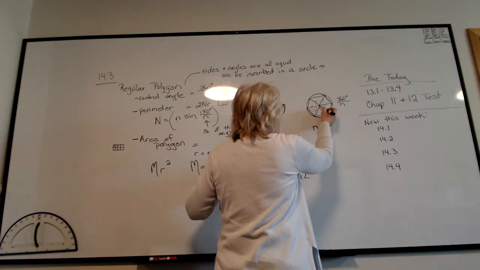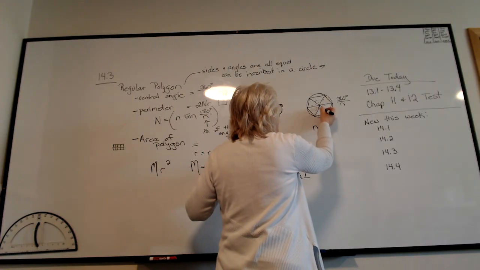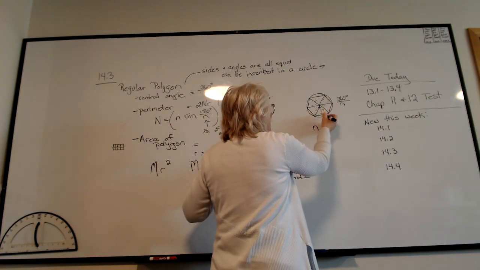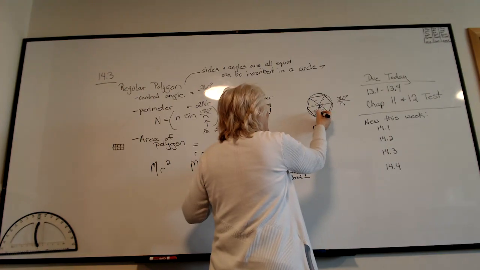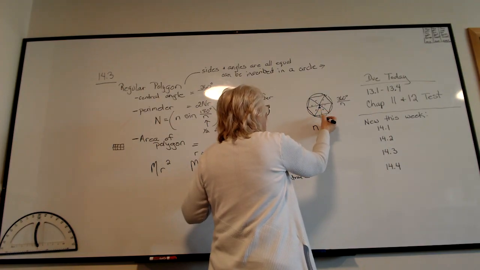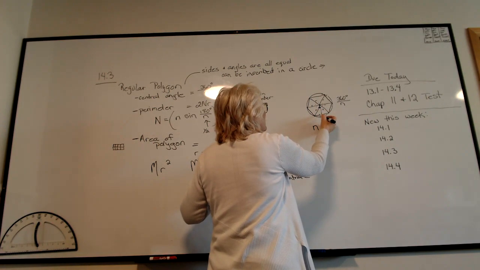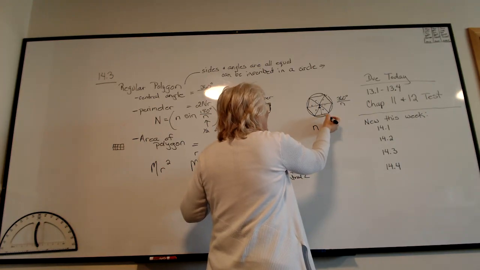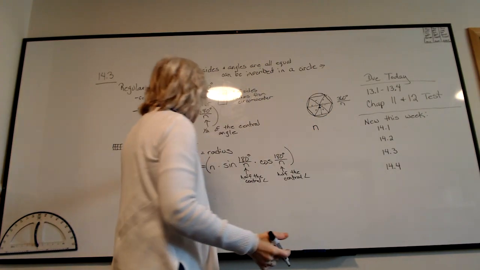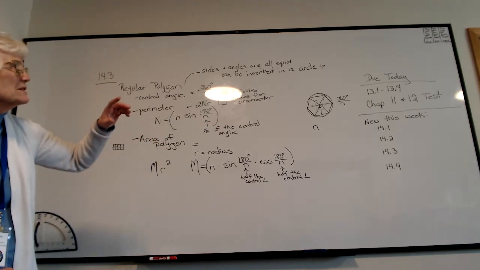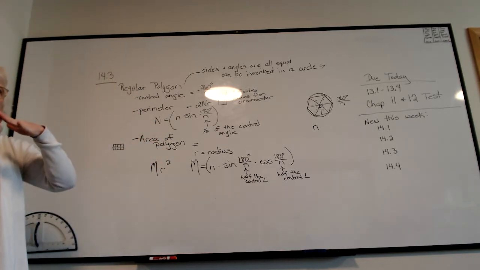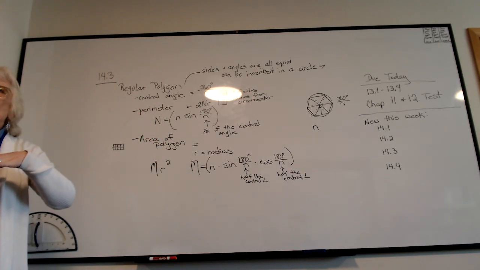So if we look at half of this angle, the cosine is this side and the sine is this side. It works out because we want to take the base times the height and halve it.